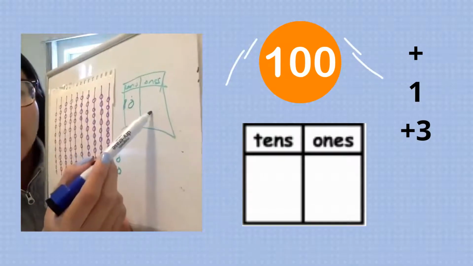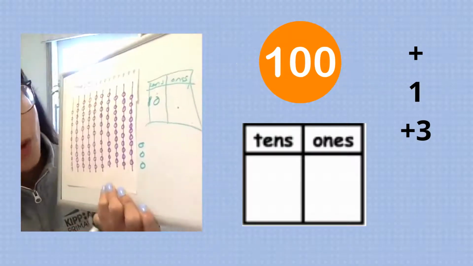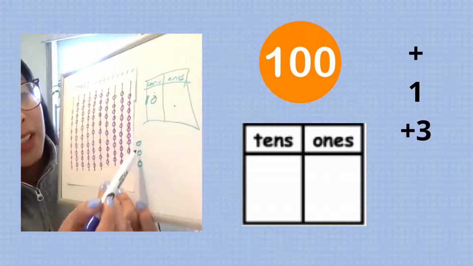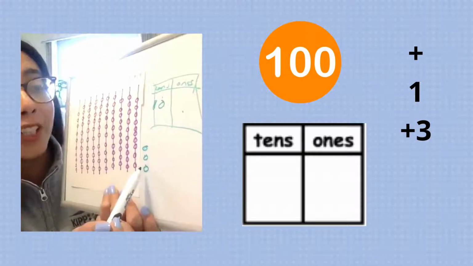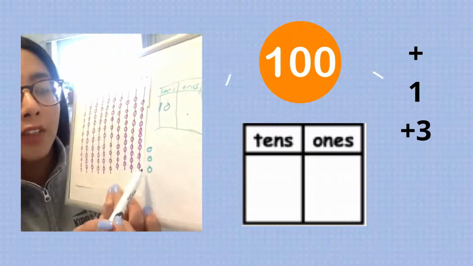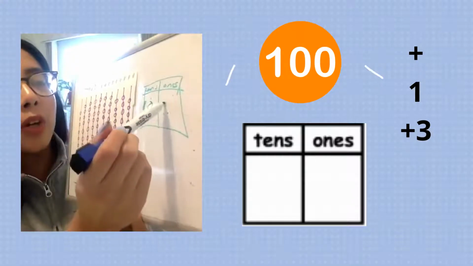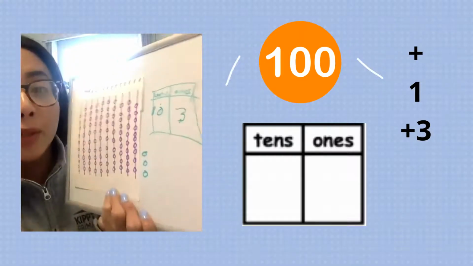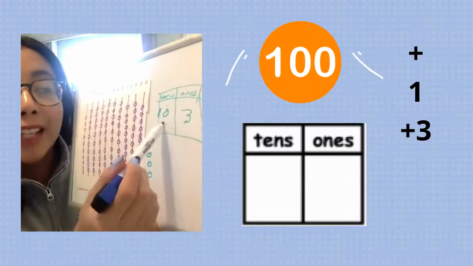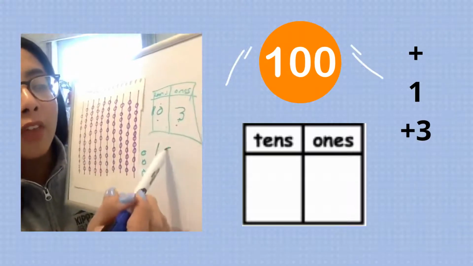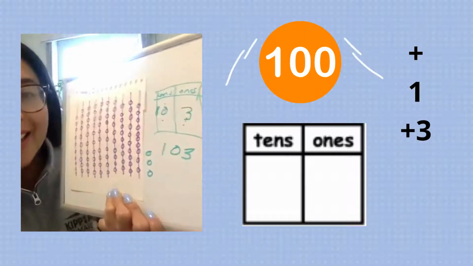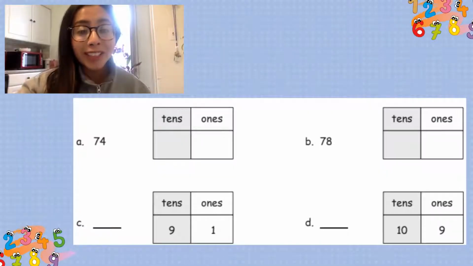But how many ones, extra ones, do I now have? I have 3. These are extra ones because they are not a part of a group of 10. There's only 3 of them. So our new ones place now says 3. So if I say 10 tens and 3 ones, we now have the number 103.